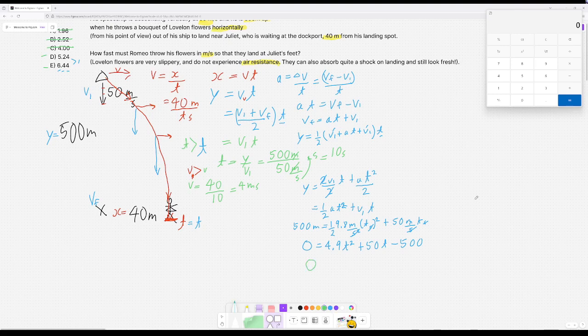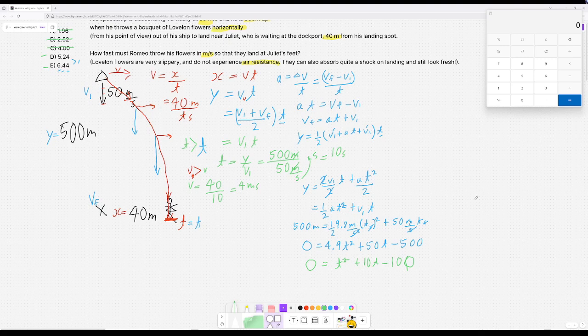We can say 0 equals t squared, and assuming this was 5 or close enough, plus 10t minus 100. And it's really important when you're doing multiple choice questions like this to notice these details, to do things quickly. And this makes it much quicker.